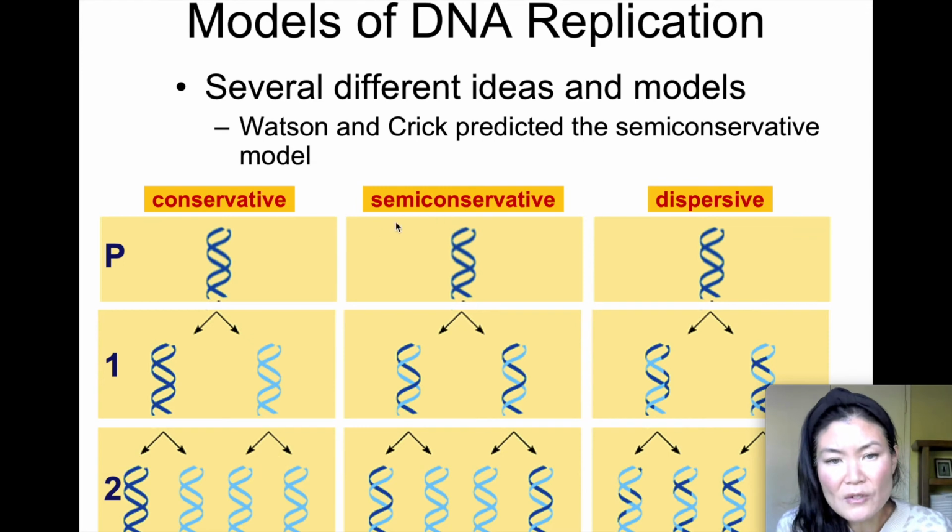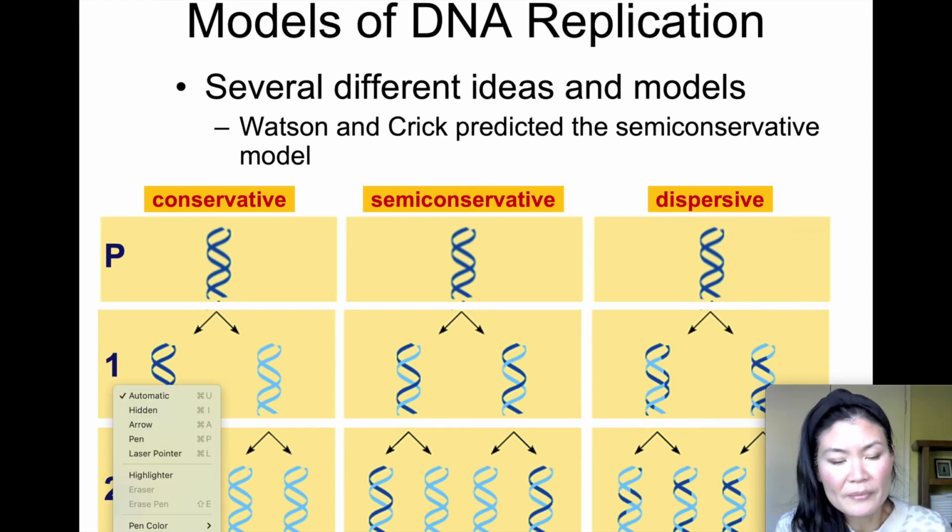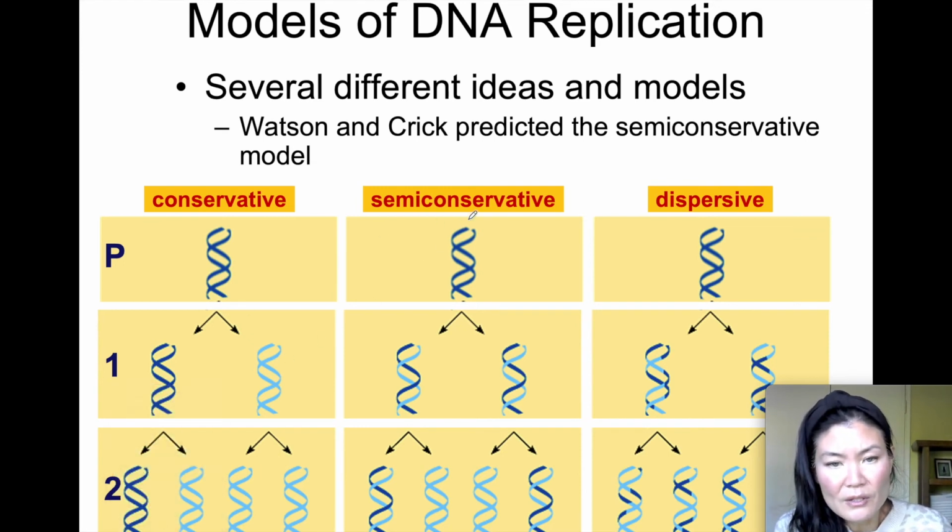Whereas a semi-conservative model shows that you have the old strands of DNA acting as templates, so there's our template, and then the daughter strand. So when you have 2 daughter DNA molecules, half is old and the other half is new. Okay, so half is old, half is new, semi-conservative.